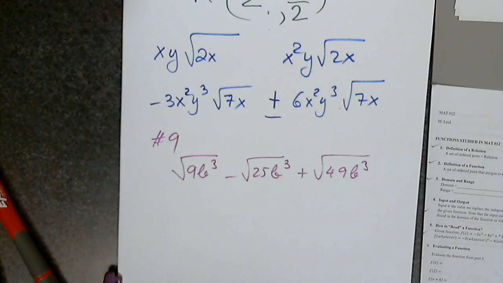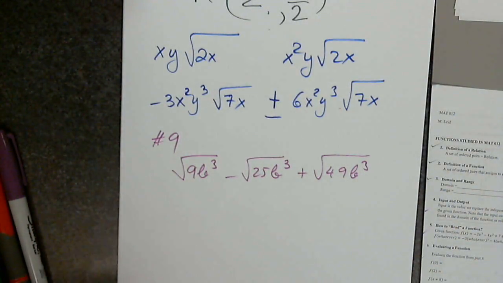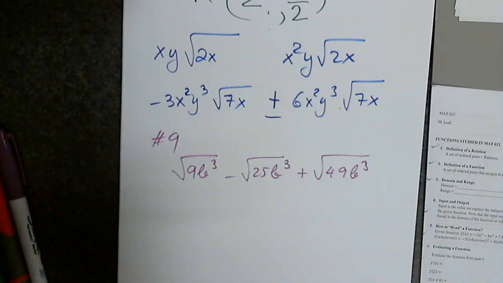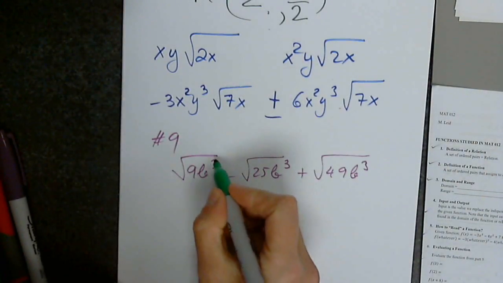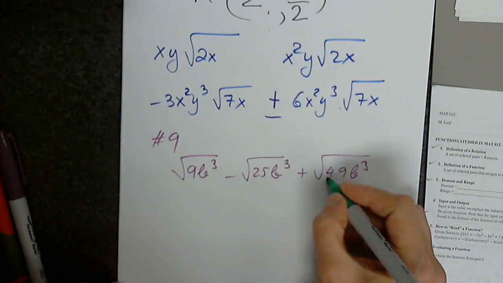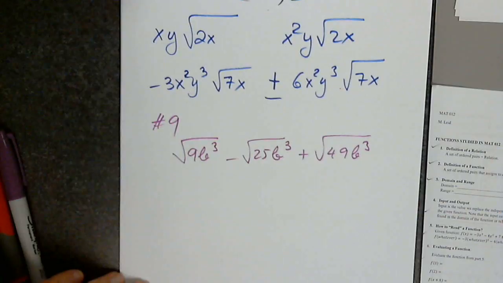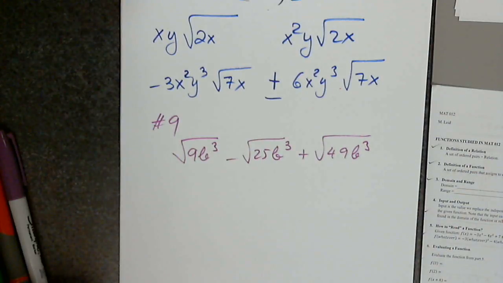I cannot add anything inside. So the indices are the same, but this portion is not the same. This is not identical with this, and is not identical with this. So they are not like radicals. Will I eventually be able to add or subtract them? Maybe. I don't know yet.